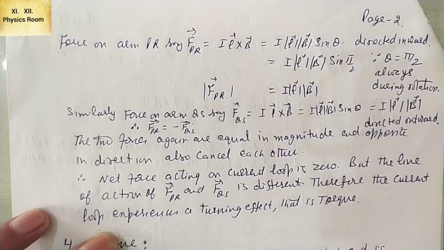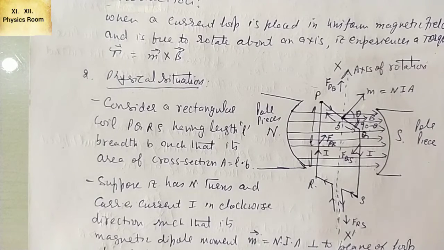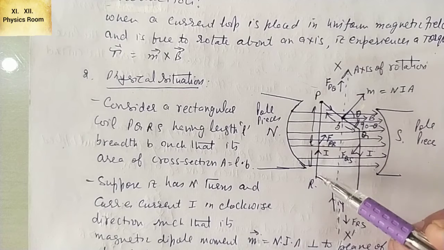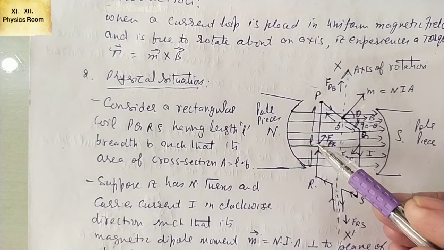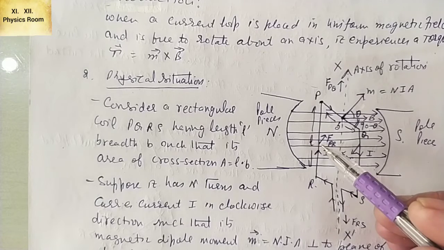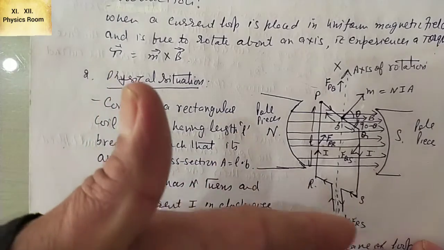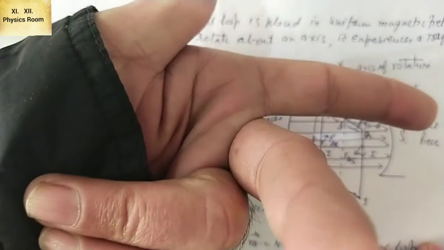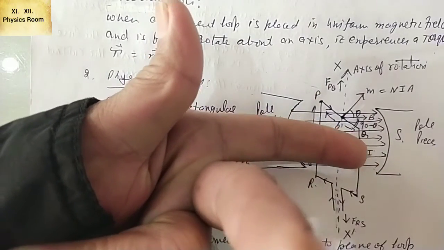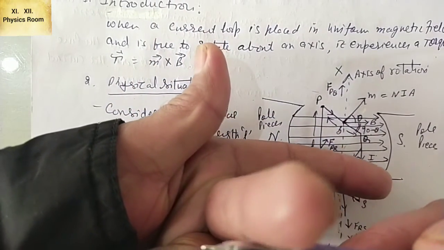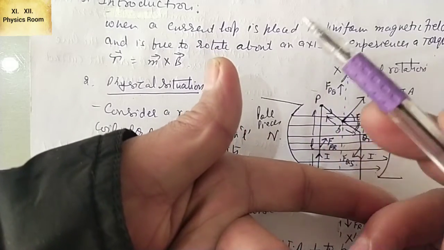Now let us see in diagram. Force on arm PR is equal to current I, L cross B. Since L and B are always 90 degrees, force will be inward if you use Fleming's left hand rule. So this will be force direction along negative z axis.